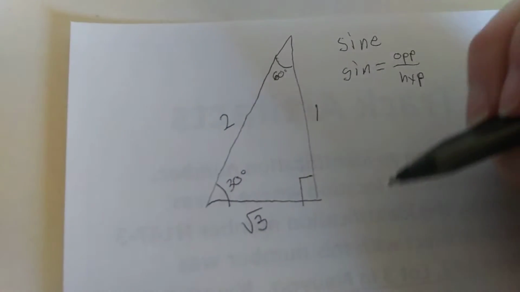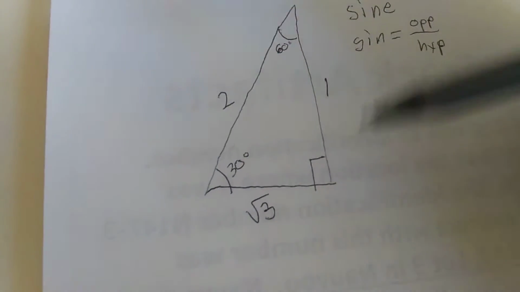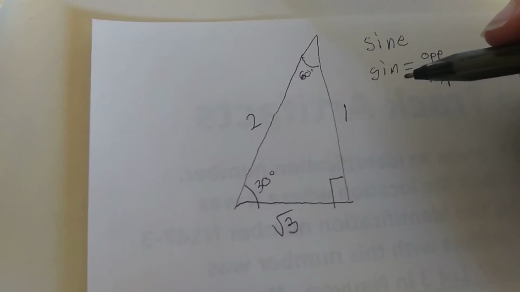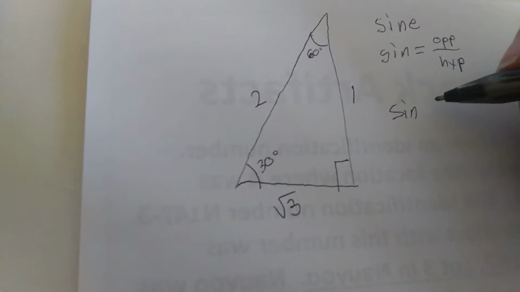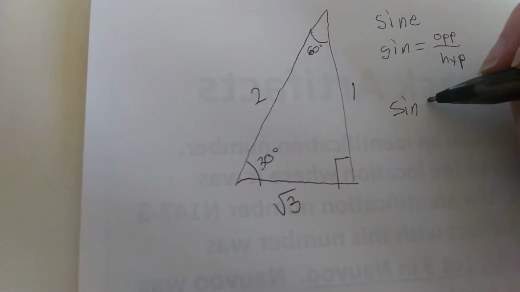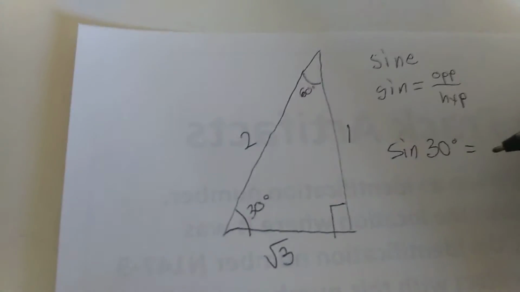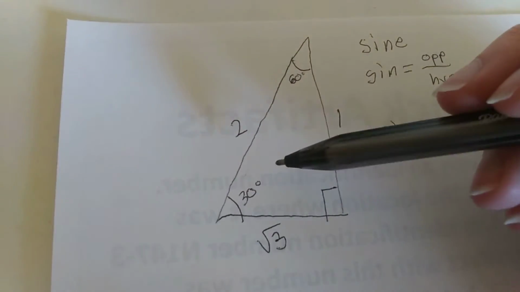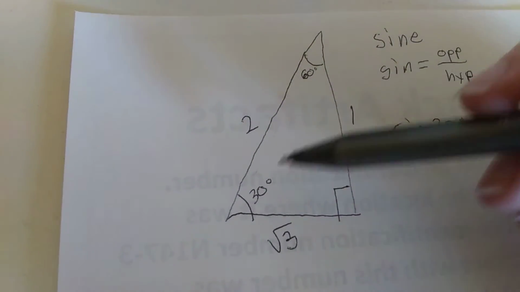And if you square those up and add them with the Pythagorean theorem, that all checks out. So if you want the sine of 30 degrees, all you do is you take 30 degrees, you find the side that's opposite it, so just straight across from it.